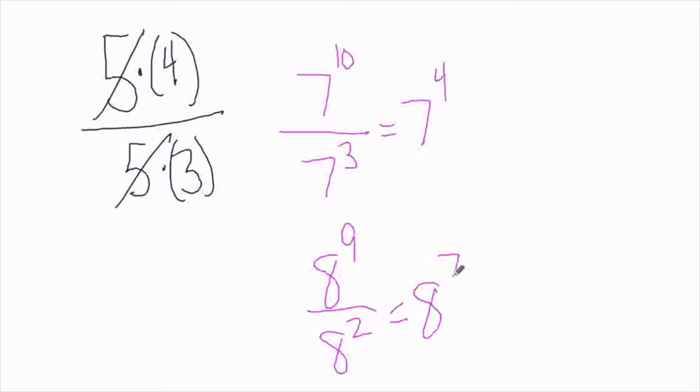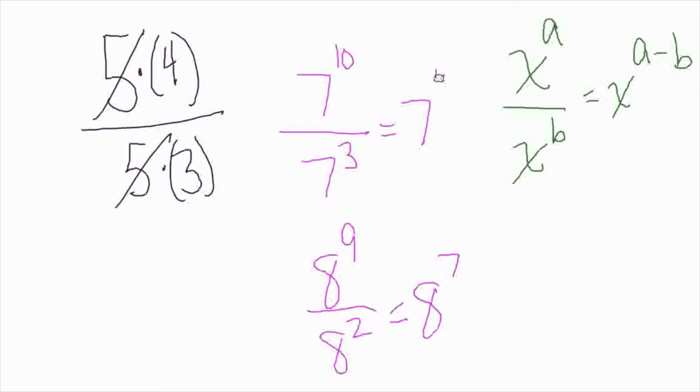Now putting it all together, the big idea is that if you have a number to the exponent a divided by a number to the exponent b, you get a minus b. If you notice both purple examples, you're subtracting the exponents. Oh, by the way, I'm sorry, the very first example should have been 10 to the 7. Sorry about that.